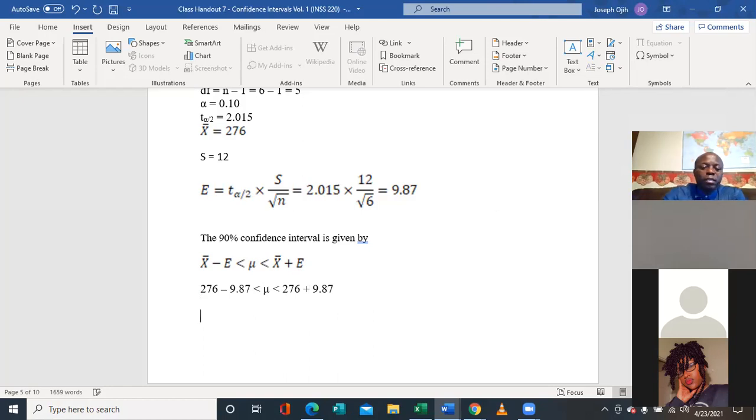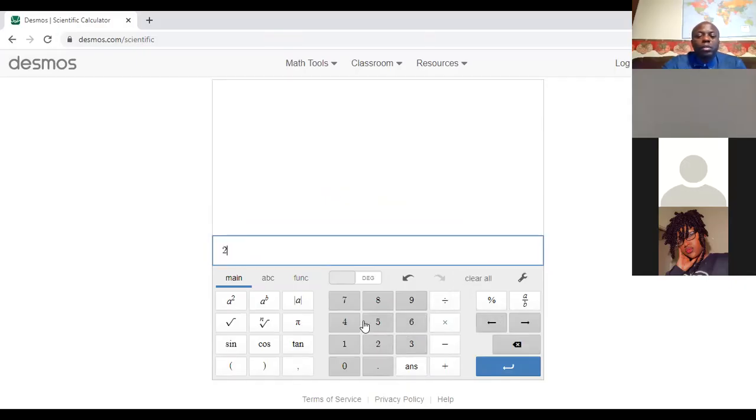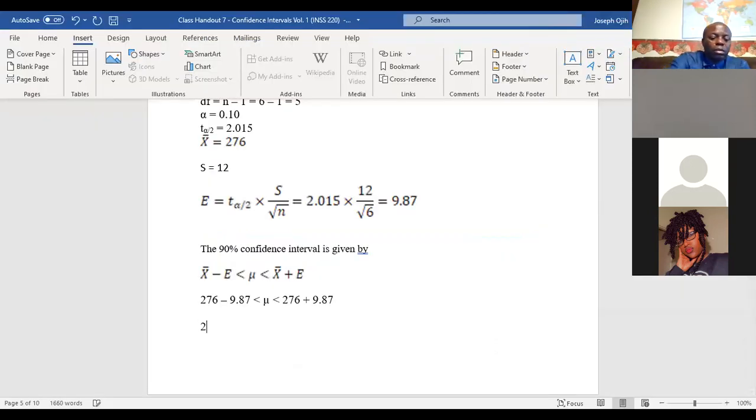When you simplify it, 276 minus 9.87, from the calculator we have 276 minus 9.87. That gives us 266.13. So 266.13 pounds is less than the mean.